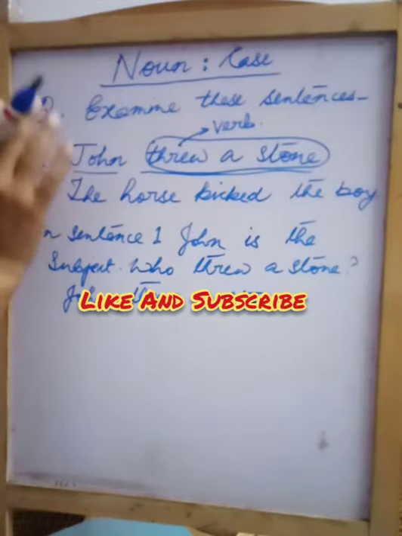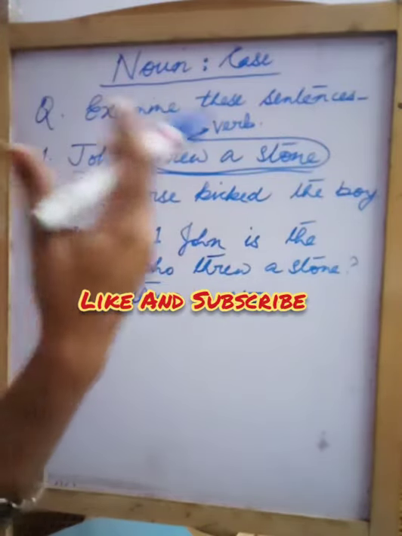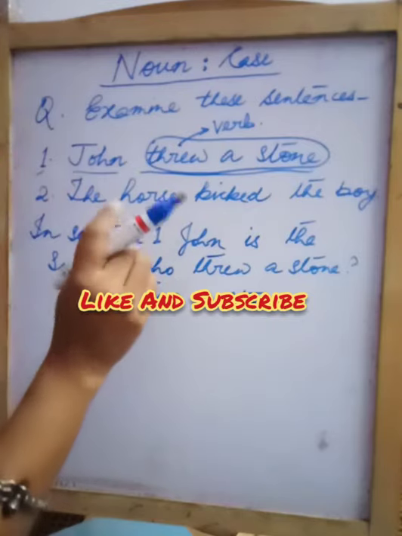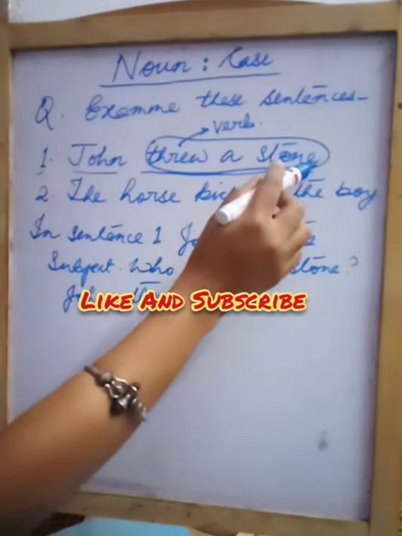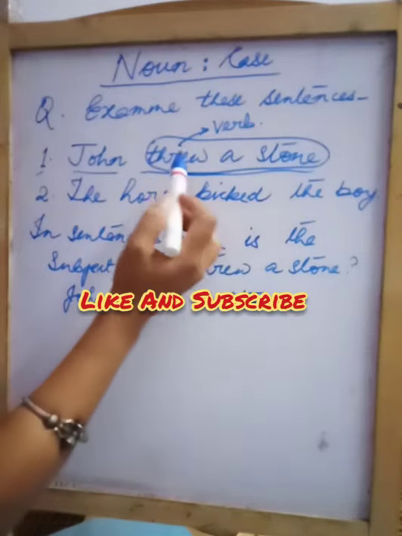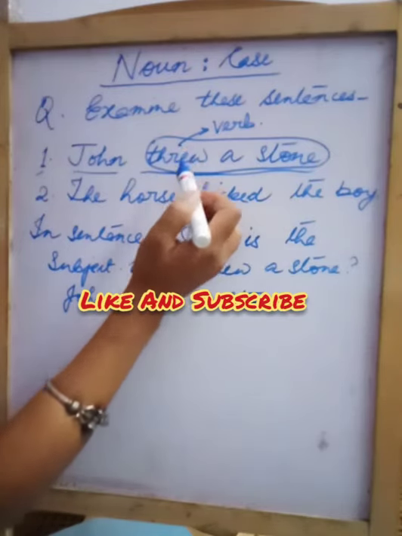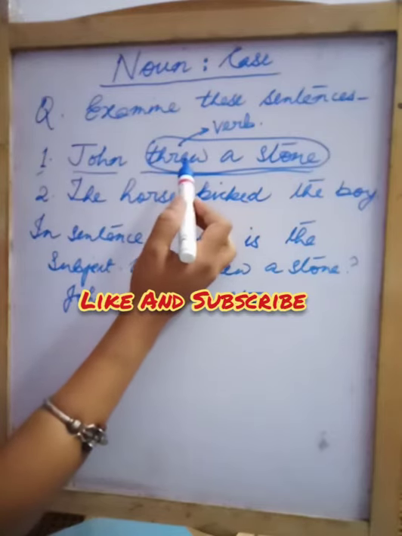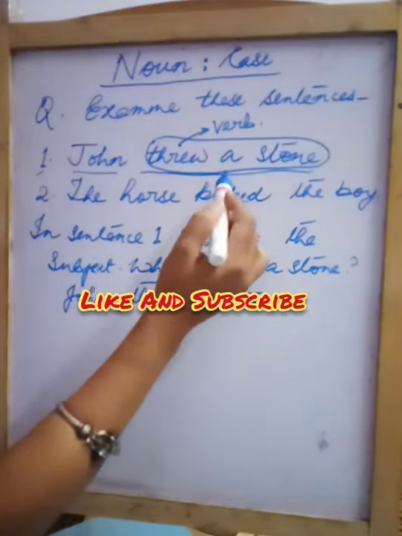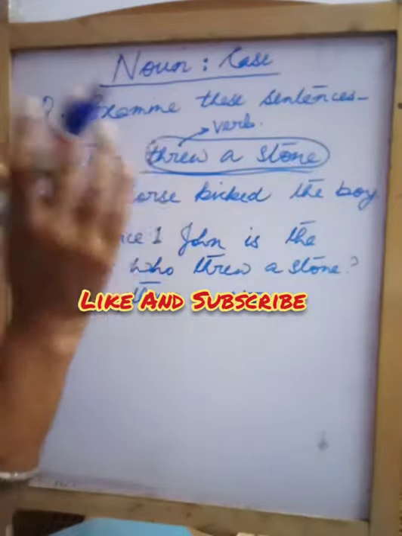So from here what we can understand is that in a sentence there are two parts, the subject and the predicate. In the predicate part there will be a verb, threw, throw, this is all verb, isn't it? Action words. And then there will be an object.